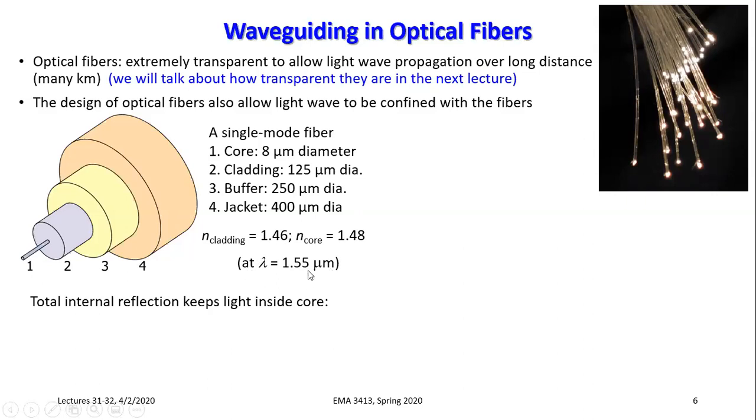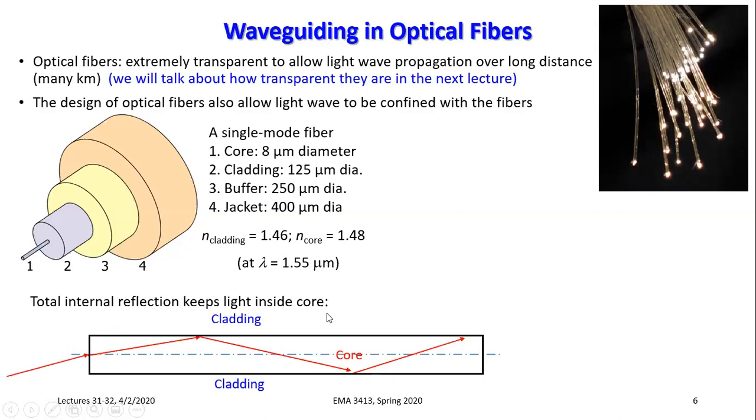All right, so now let's look at the guiding aspect. We have a core, we have cladding. If you have a wave propagating inside, because of the little difference between the index of refraction of the cladding and the core, which has a slightly higher index of refraction, there's going to be a critical angle for total internal reflection.